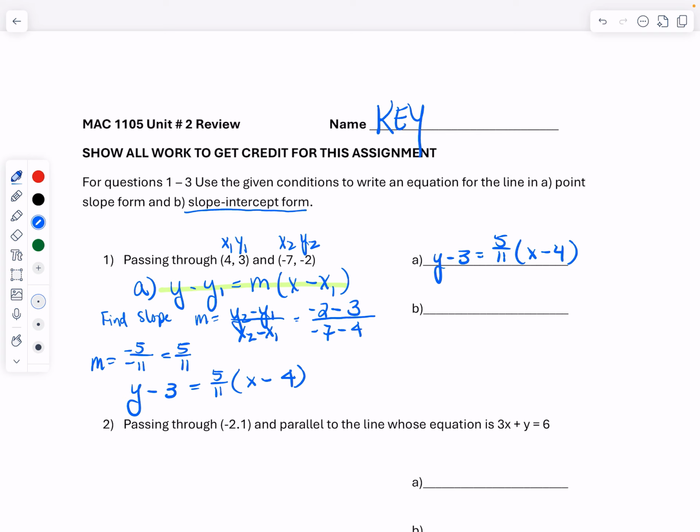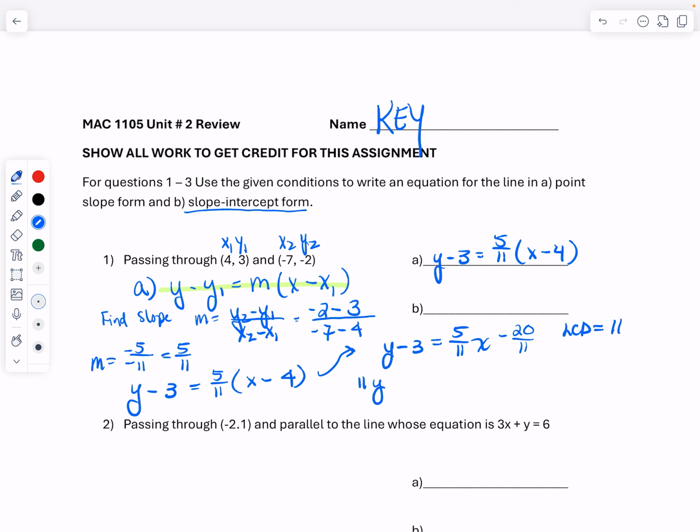So I am going to distribute the 5/11 to both x and to negative 4. 5/11 times negative 4 gives me negative 20 over 11. Now I'm going to kill the fraction by multiplying everything by the LCD, which is 11.